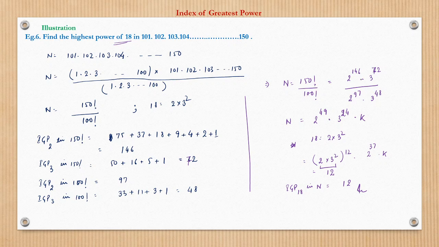We individually calculated the highest power of 2 and 3 in both the numerator and denominator. Now we can simplify, so it will be nothing but 2 raised to power 49, and 3 raised to power 24. Since we have to find the highest power of 18, we should be concerned with which is the limiting factor. 2 has 49 powers, whereas 3 has a maximum power of 24. So it becomes limiting on 3 only. Therefore the highest power of 18 in n should be 12 as the answer.